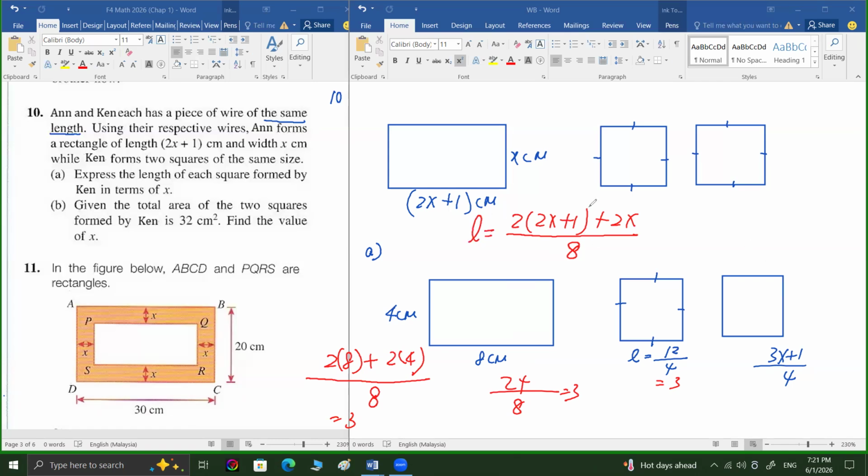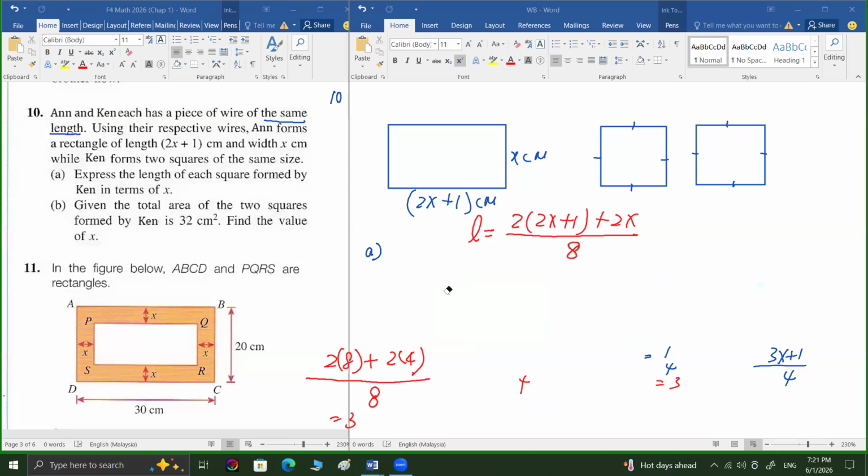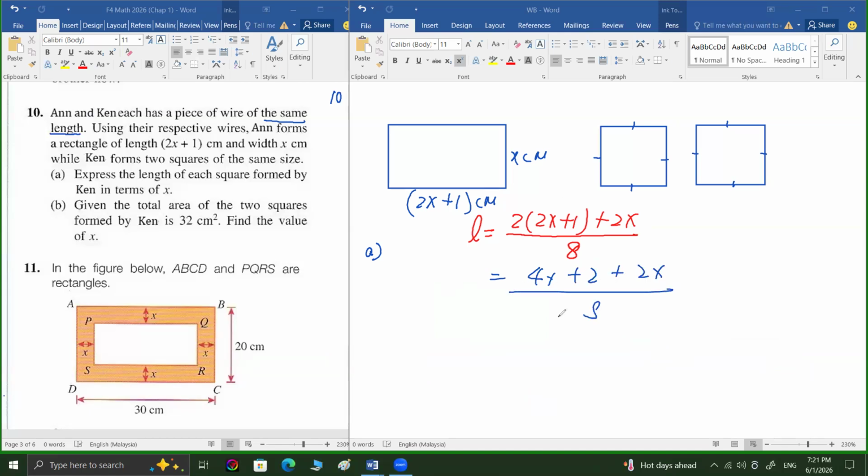Okay, class, we form and see. So we expand 4x. Can you see here 4x? So I delete this one. I need some space. Okay, so I have 4x plus 2 times 1, 2, plus 2x, divided by 8. 4x and 2x is 6x plus 2, divided by 8.